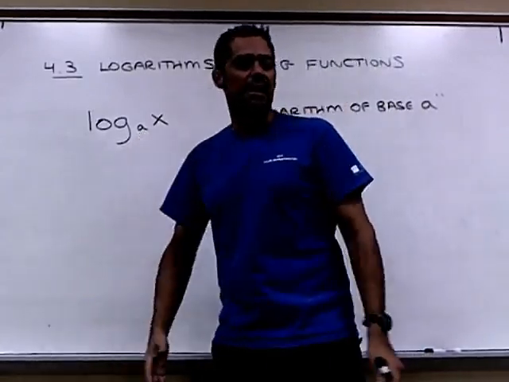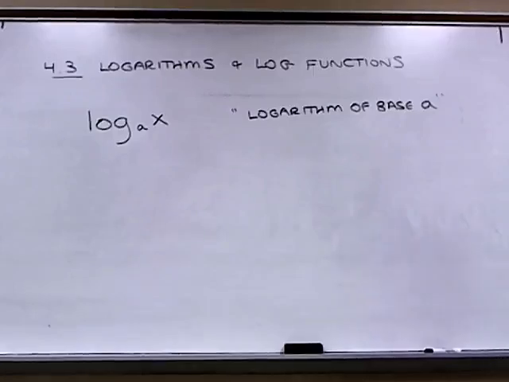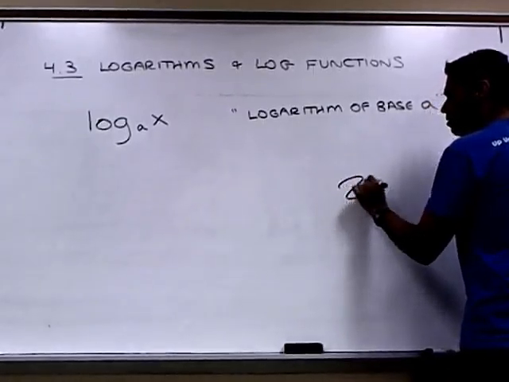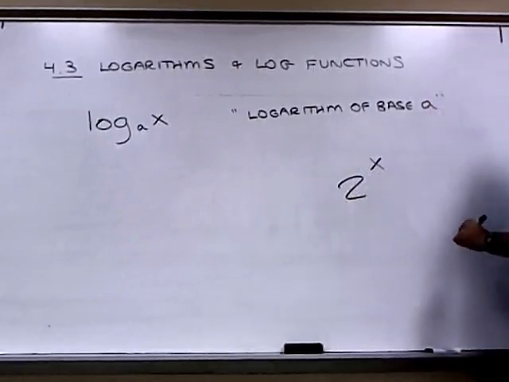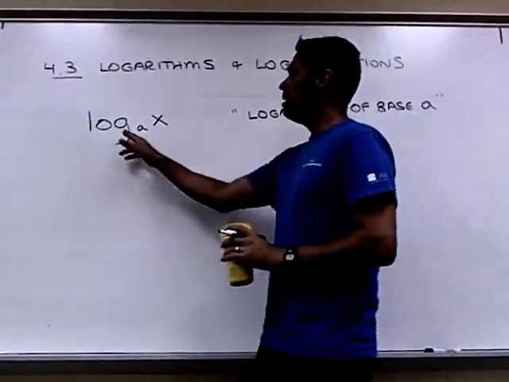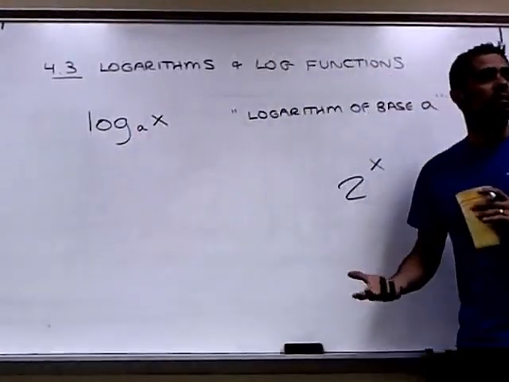What was the base of an exponential function? Remember when we were talking about exponential functions last class? If I had 2 to the x, that was an exponential function. The base here would be what? 2, right? But with logs, whatever number's down there is the base of the log, all right?